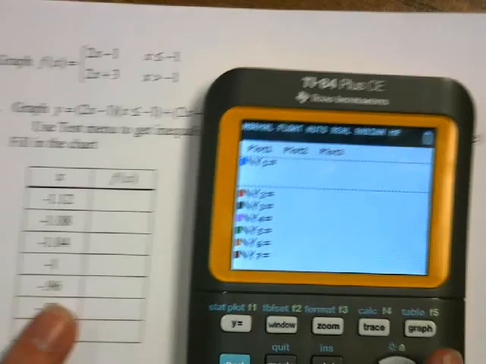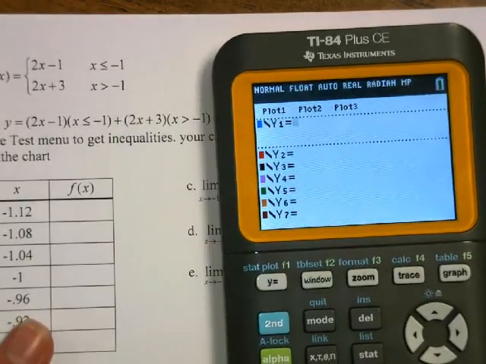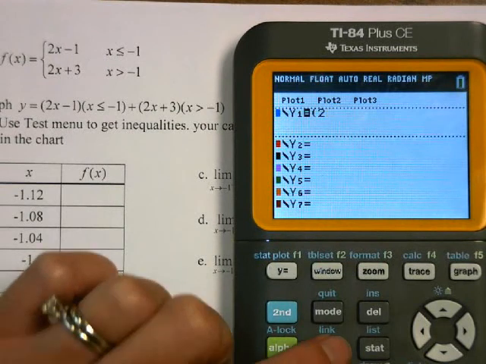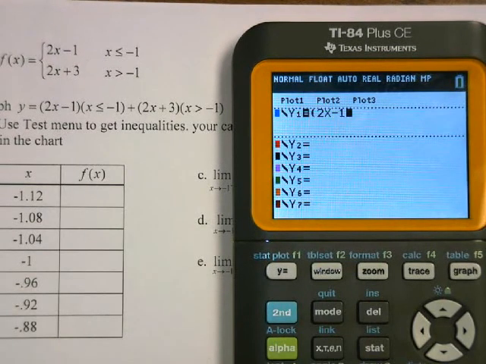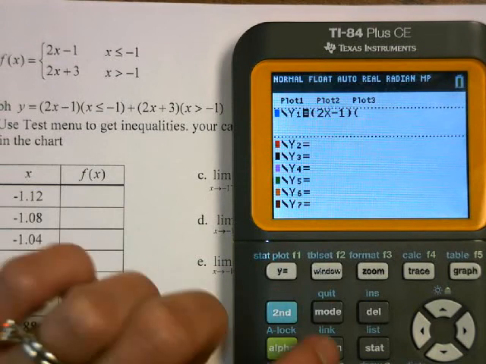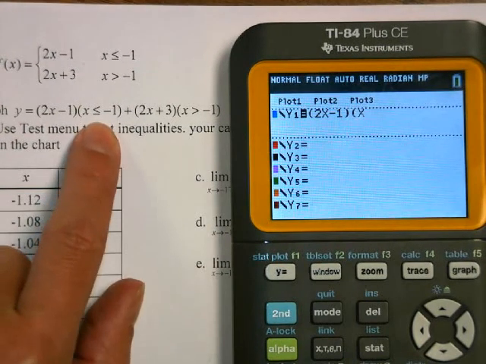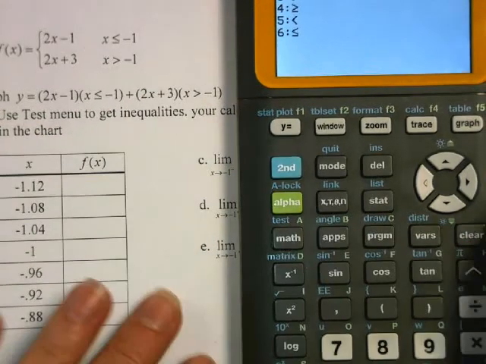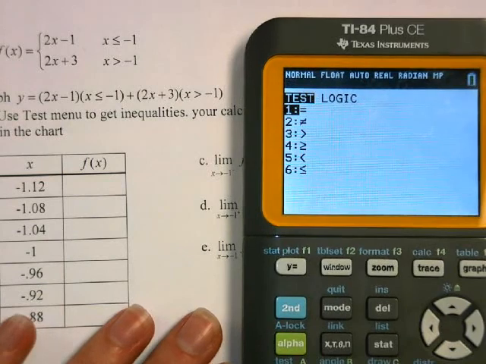Okay, so we're going to have open parentheses, 2x minus 1, open parentheses, x. To get that less than or equal to, above the math button, there's a test. So we do second test, and then we get all these inequalities.